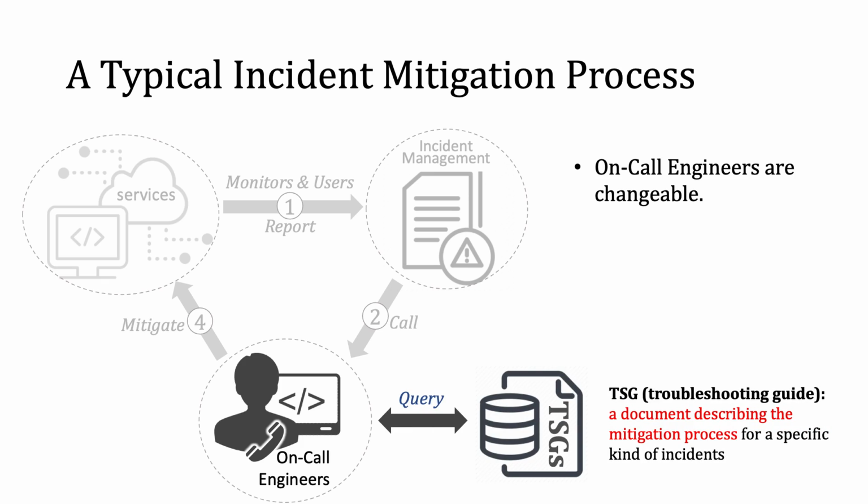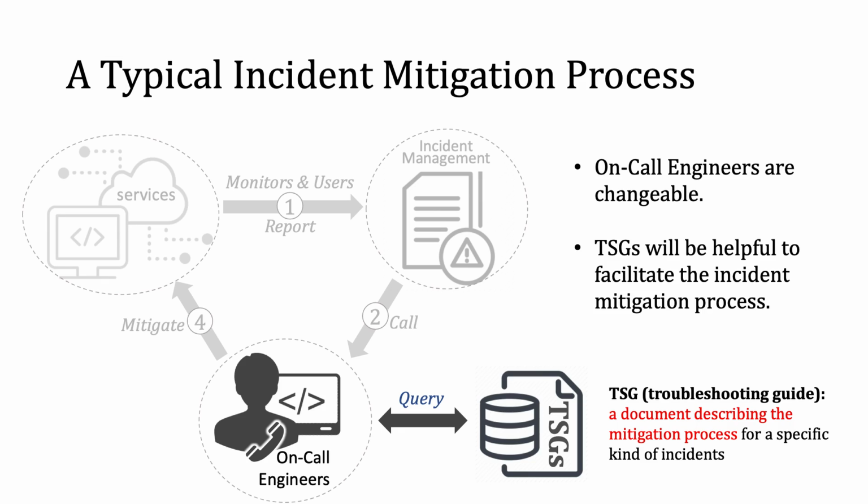Developers are required to record the mitigation process as TSG documents for known incidents, and then they can be reused to help engineers ease the mitigation of similar incidents in the future. However, for some TSGs, engineers still need to query manually, which could potentially waste mitigation time.